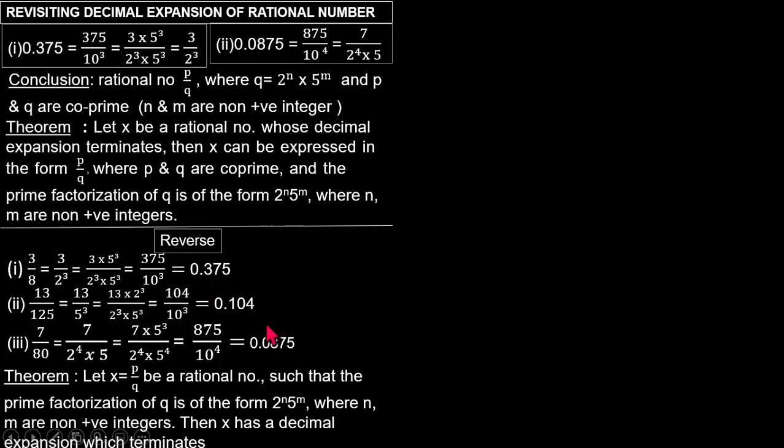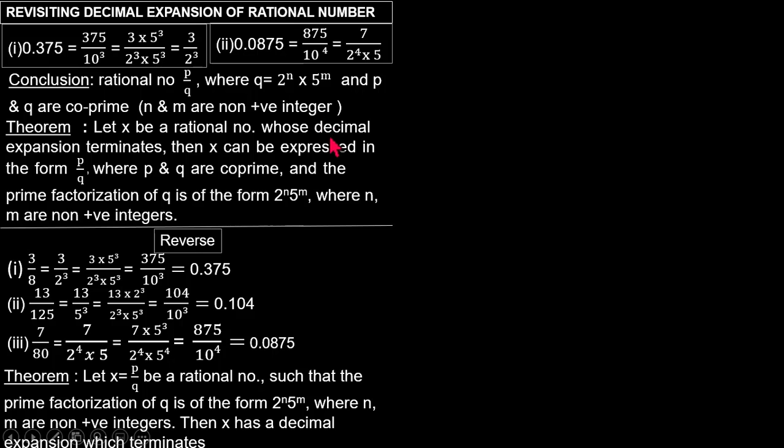So in case of terminating decimal expansion of P by Q, the denominator q is always in the form of 2 raised to power n into 5 raised to power m, where n and m are non-negative integers, that is, they can be 0, 1, 2, and so on.